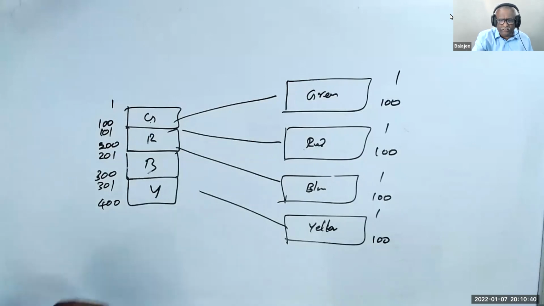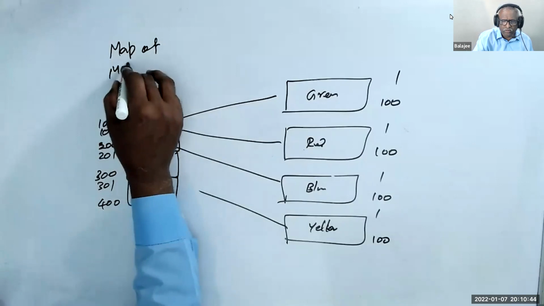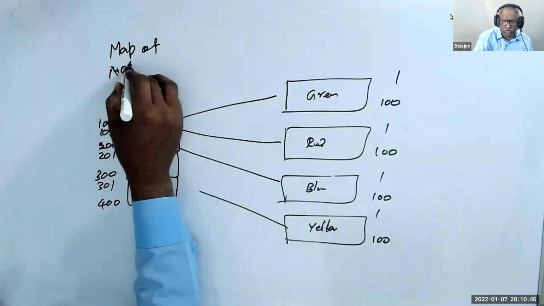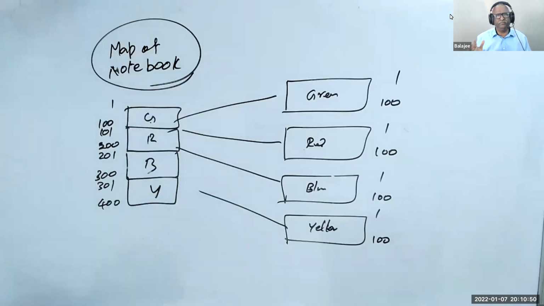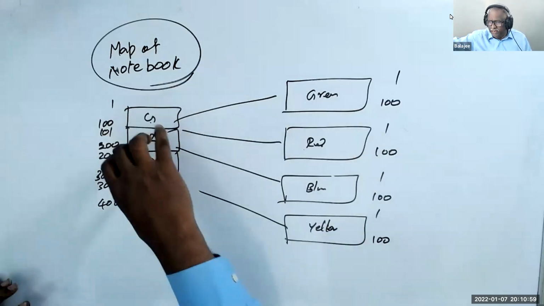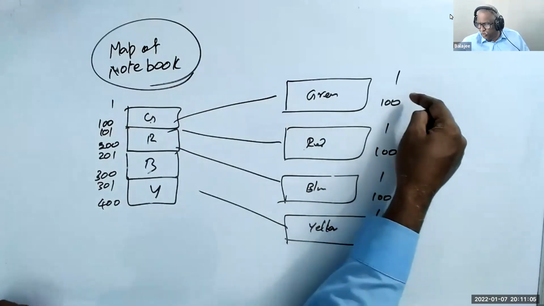I can call this a map of notebook. Do you understand this? If you understand this, it is very nice. This is what we are going to discuss. I need one notebook, and I try to combine everything into a single one. But each one is individually 1 to 100.